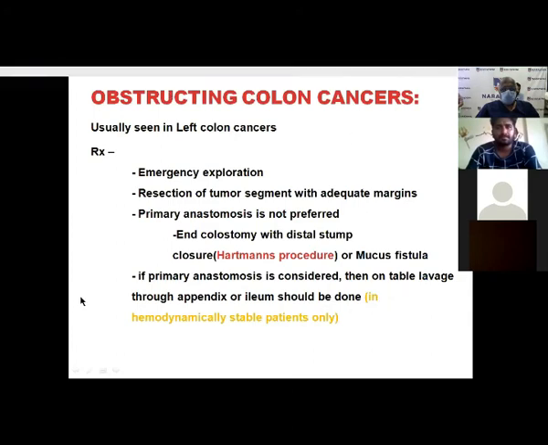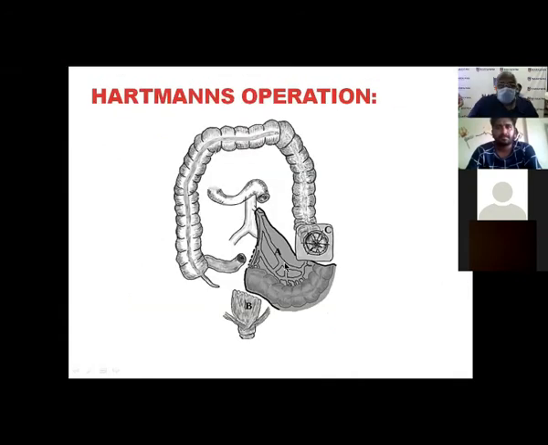So you have to do an on-table colonic preparation if the patient is hemodynamically stable. Otherwise, you must do an ostomy and a mucus fistula or an ostomy with a Hartmann's procedure. What's the Hartmann's? The tumor is resected, an ostomy is made, then the distal stump is closed.